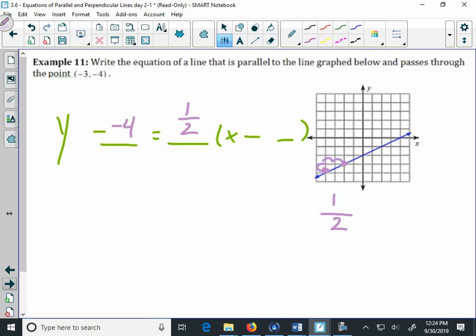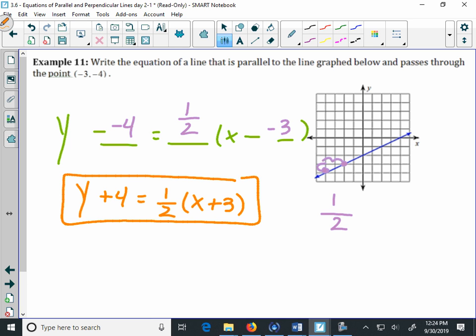What's going to go here with the x? My double negatives are going to turn positive. There we go. Yes. 2 and 4.